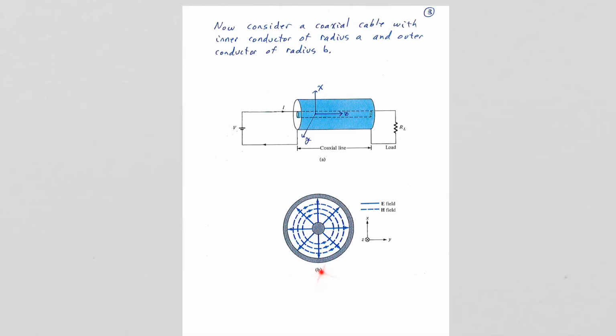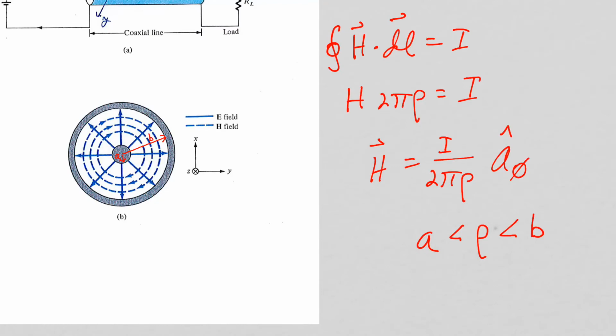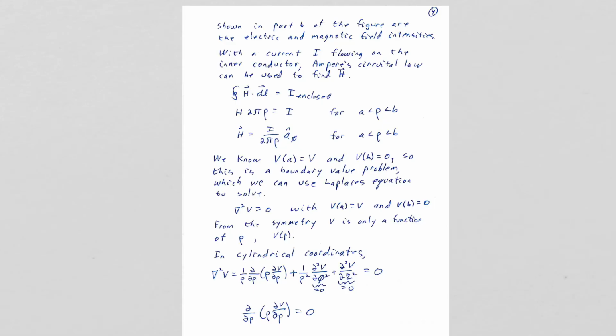You can find the magnetic field intensity lines as we just did using Ampere's circuit law. So inside the coax, the magnetic field intensity is I over 2 pi rho in the phi direction, and A is the radius of the inner conductor, and B is the radius of the outer conductor.